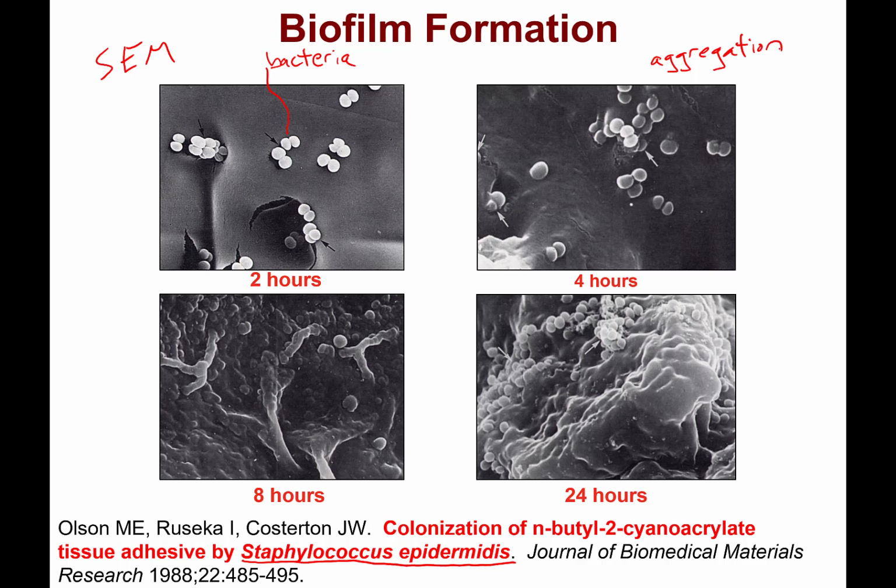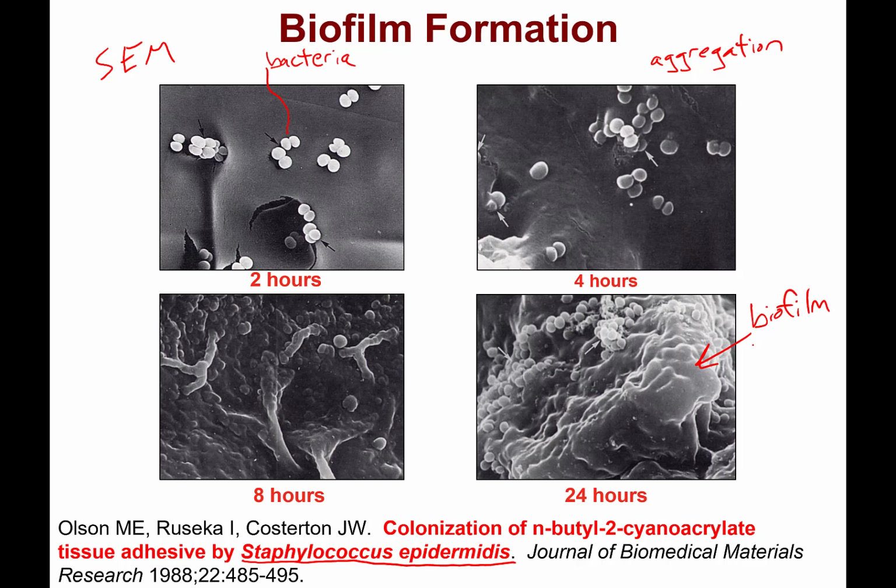After 8 hours, you actually can't even see any of the underlying biomaterial anymore. They're starting to grow that much, and then at 24 hours, we have a robust biofilm. You don't even see all of the bacteria there because they're embedded in that biofilm matrix. And again, this is completely covering the surface of the biomaterial.